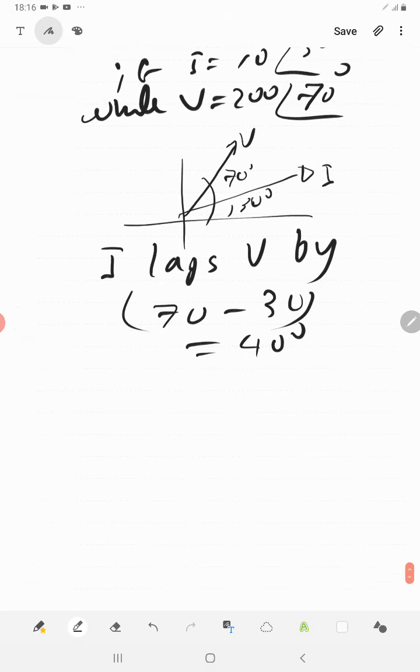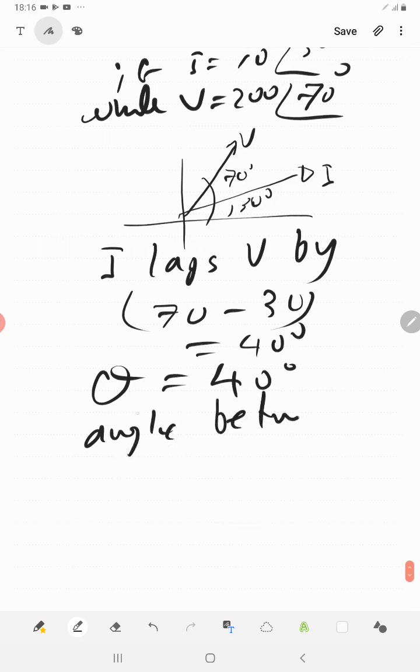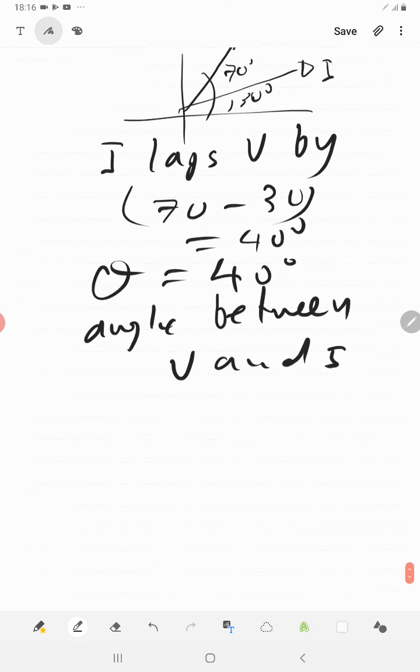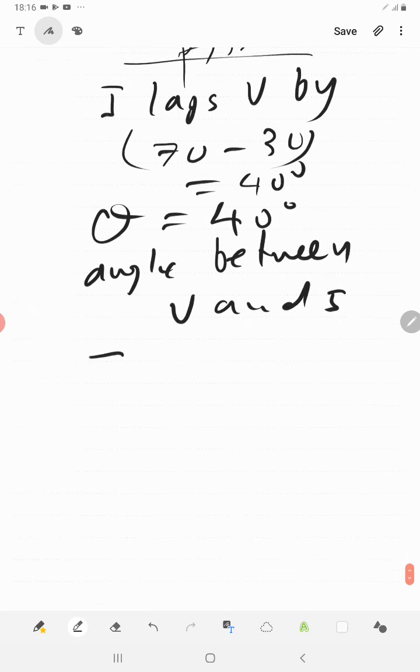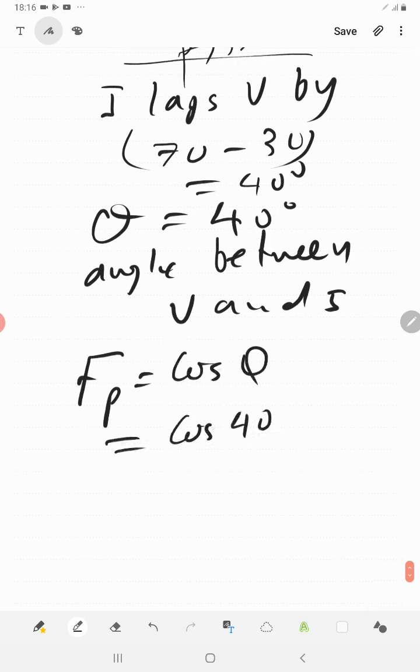So in reality, the angle theta equals 40 degrees, the angle between V and I. So PF equals cosine theta equals cosine 40 degrees, what is cosine 40 degrees?